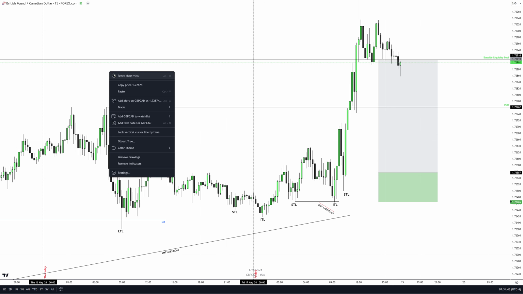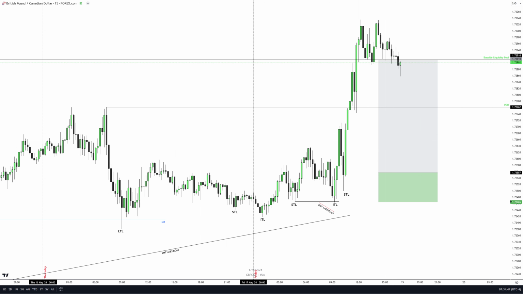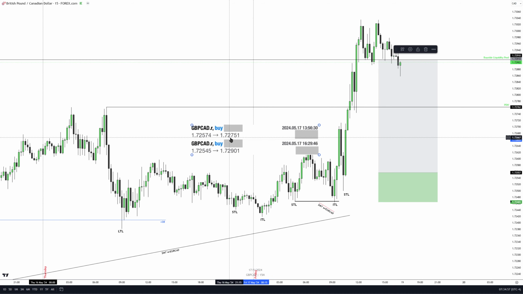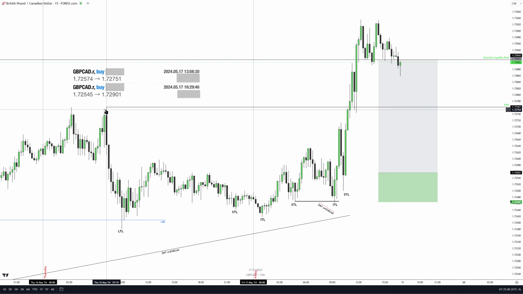Now I'll show the executions here on the screen if it allows me to do so. There you go. As you can see, one position was closed above the equal highs and the other one I held all the way to the drawn liquidity, which was my weekly draw.